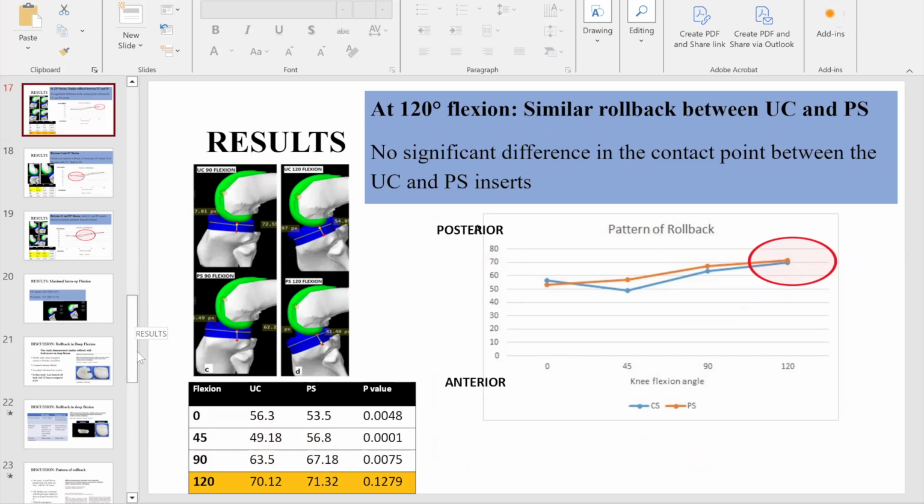The engagement will happen a little late anyway. But what it will try and eliminate is the paradoxical anterior translation, because your contact point is a little posterior.